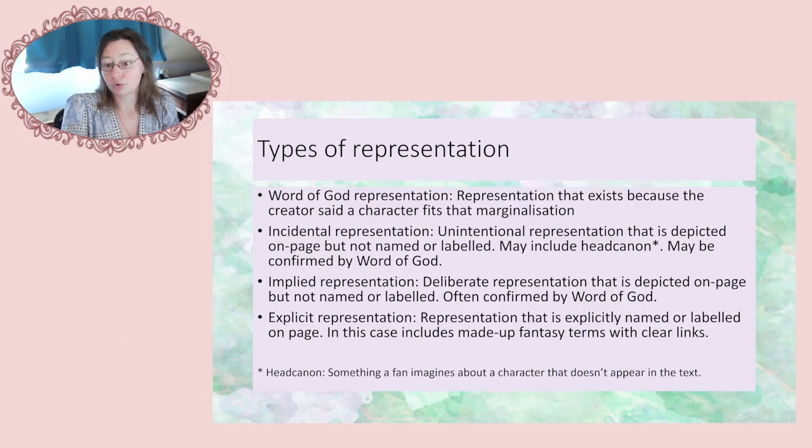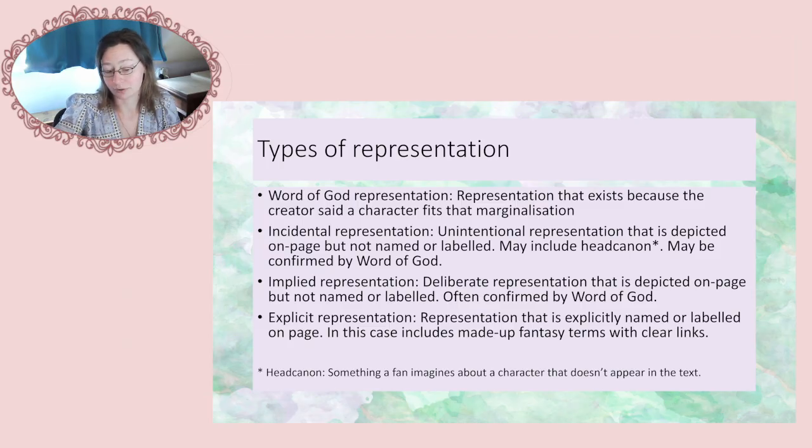This is shown on page, but there's no name, there's no label, it's not explicit. It is, however, deliberate. And I will therefore occasionally market it as having an Arrow Ace character in it. There's a difference. If it was incidental, then I wouldn't do that because it would be an accident.